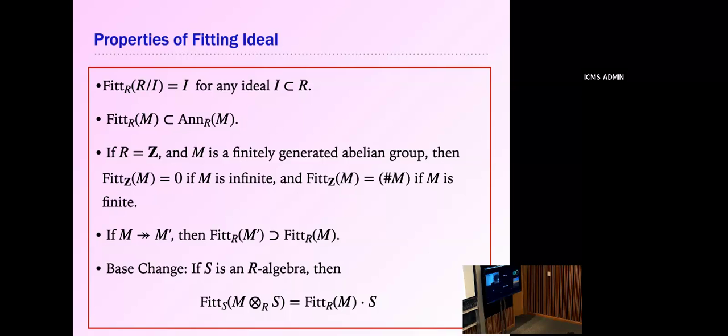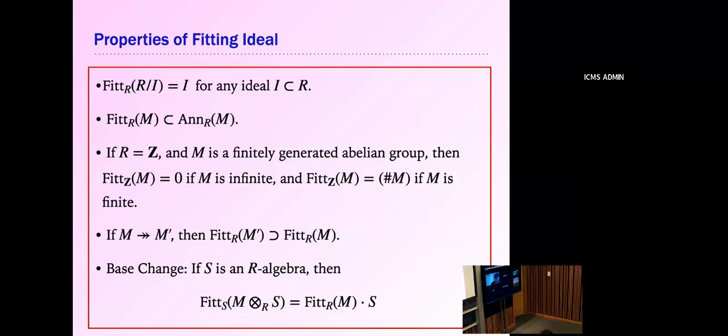That's the exponent of the group. So if I have a product of Z/d_i, it's the LCM of the d_i. But what's the Fitting ideal? The Fitting ideal is generated by the product of the d_i, the size of the group. And of course, the LCM of the d_i divides the product of the d_i, so you get this containment. You see it easily in that case.